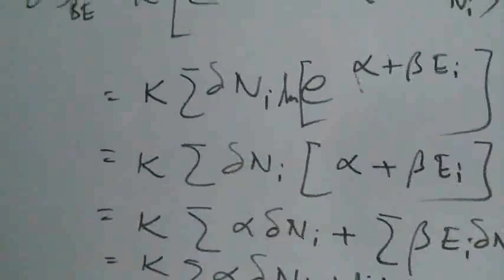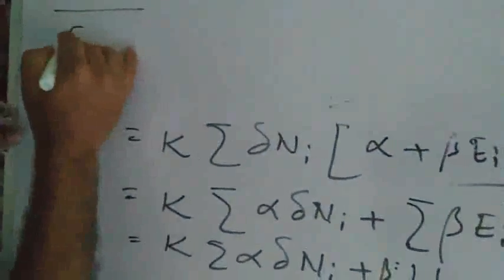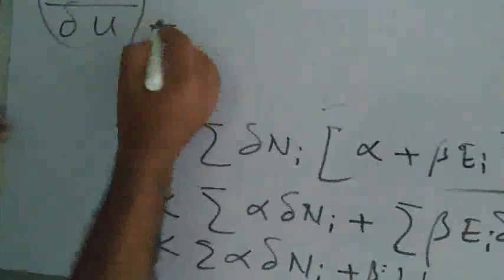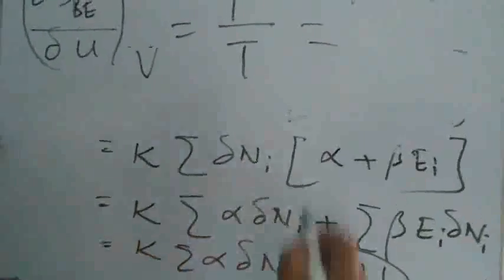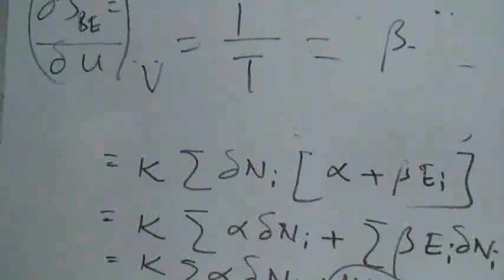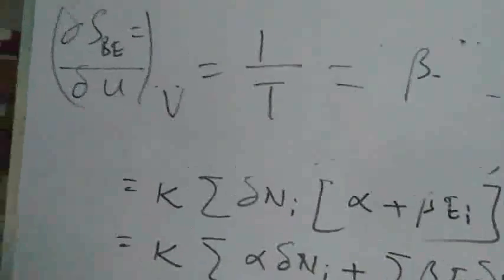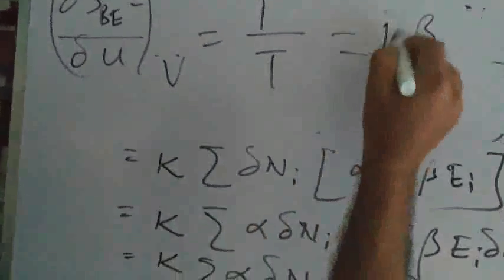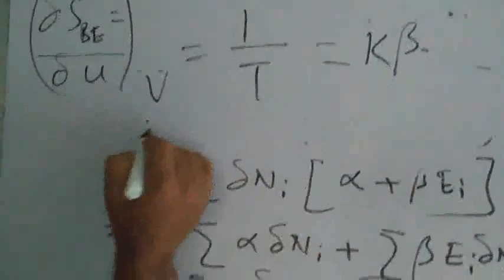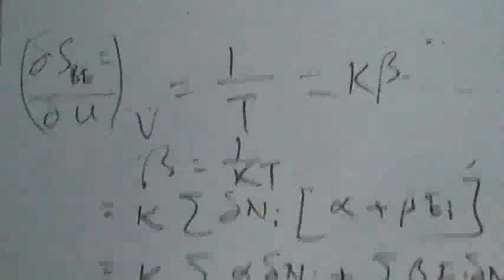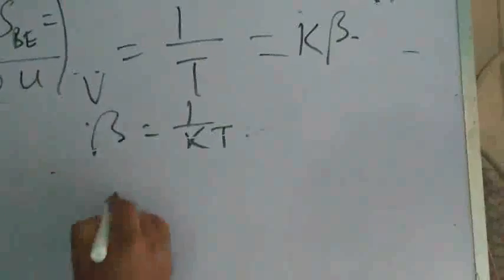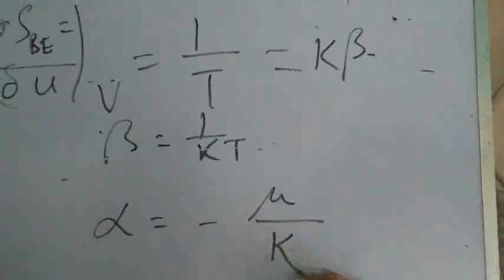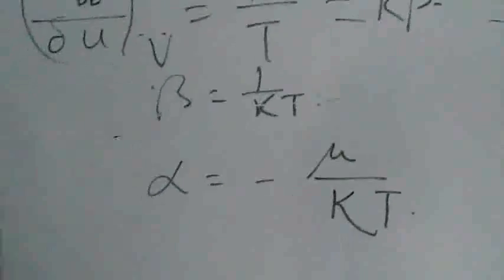From thermodynamics we know that del S by del U at constant V equals 1 by T, which equals K beta. So beta equals 1 by KT, and alpha is generally taken as minus mu by KT.